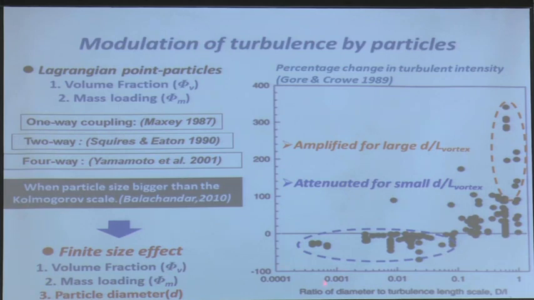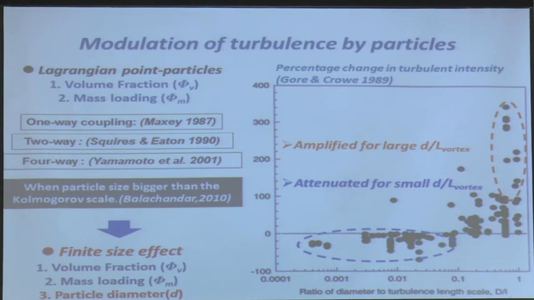We don't know because it depends on many parameters. It will depend on the size of the particles. It will depend on the density of the particles. It will depend on the relative size of the eddies of the turbulent flow and the particles. And it will also depend on the configuration, if you include the effect of gravity or not.